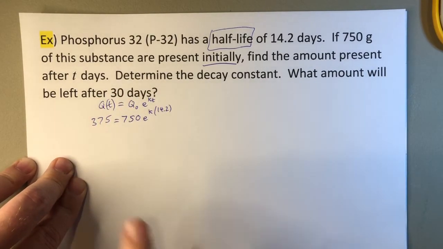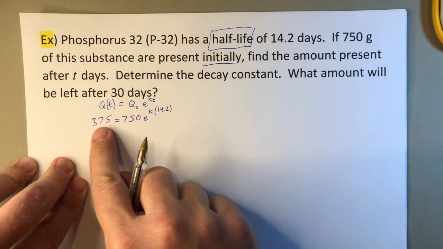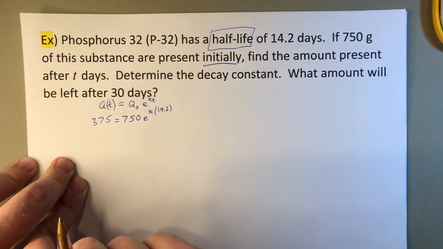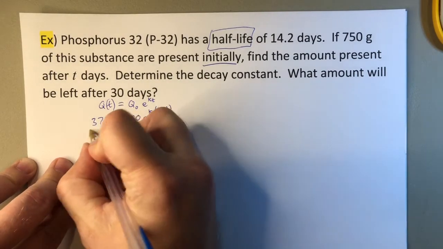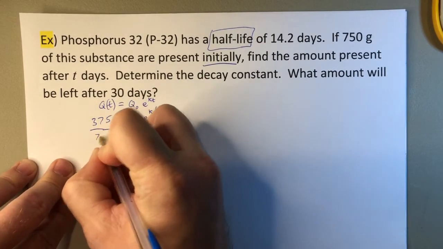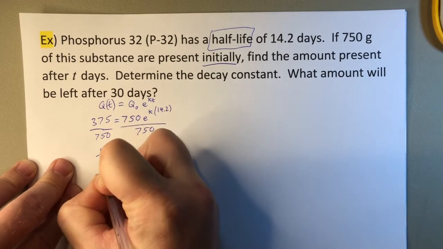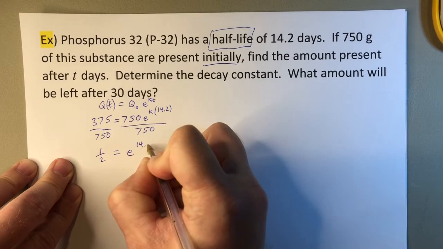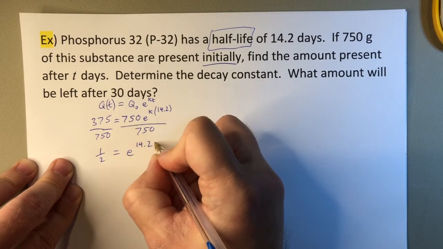Okay, so note now in this example, Q of t is less than our initial quantity after a certain period of time. All right, so look, what will happen when you divide both sides by the initial quantity is you're going to get 1/2 on the left. Remember in the previous example we got 2 on the left.